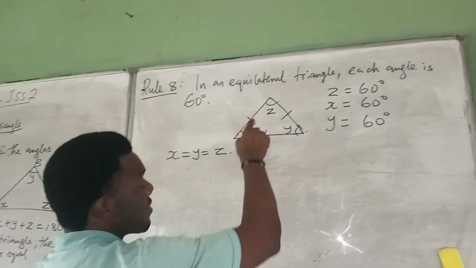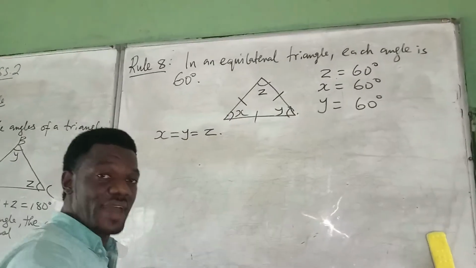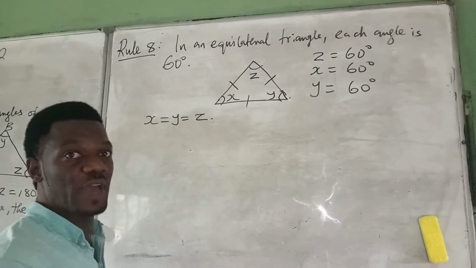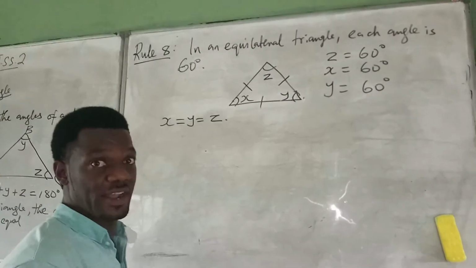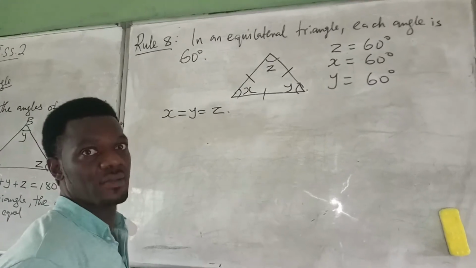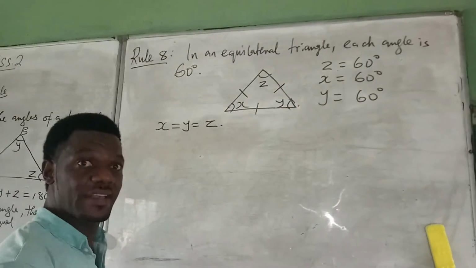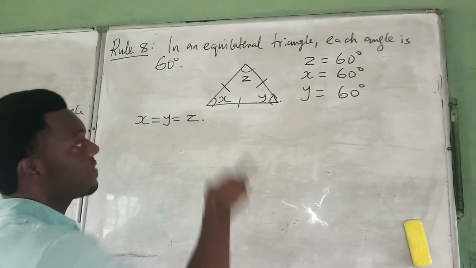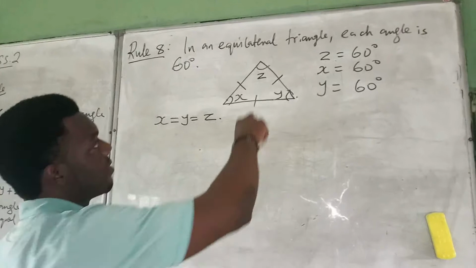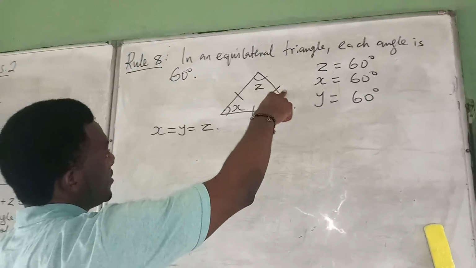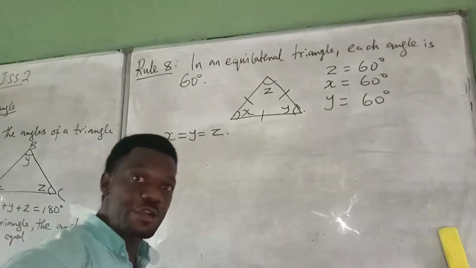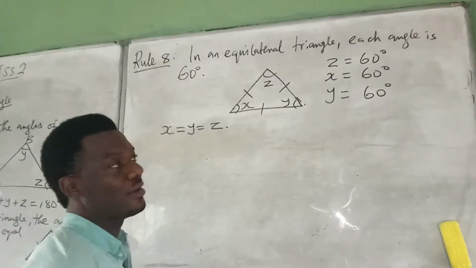We use this to indicate it. It means that an equilateral triangle is a triangle in which all the sides are equal. The equivalent of an equilateral triangle among polygons is a regular polygon. It's like a square: in a square, all the sides are equal. The same thing in an equilateral triangle, all the sides are equal. It means that all the angles also are equal.